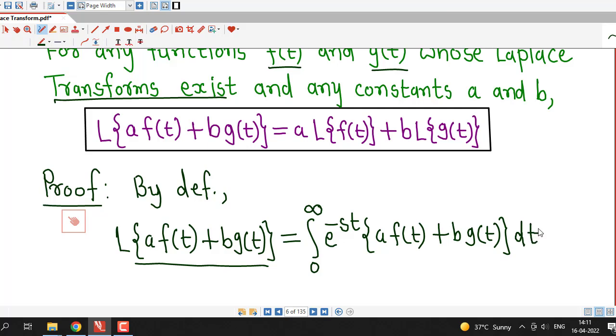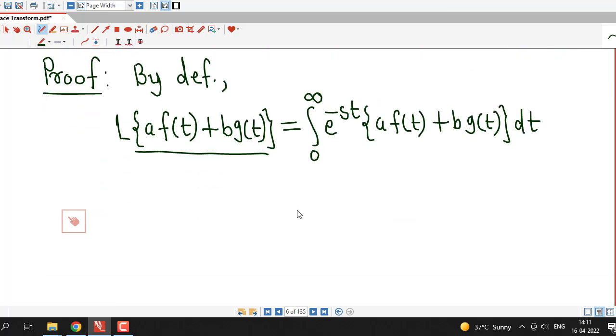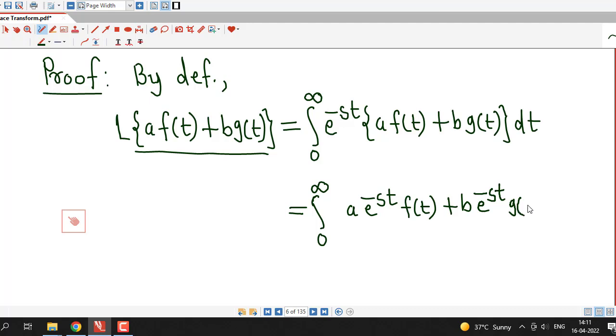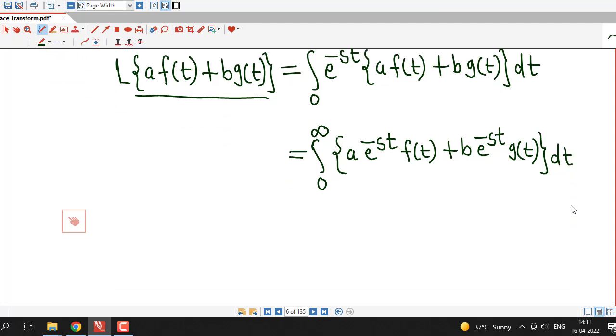So this is by definition of Laplace transform. Now this is equal to the integral from 0 to infinity. This we can rewrite as a times e raised to minus st into f of t plus b times e raised to minus st into g of t. The integral is with respect to t.